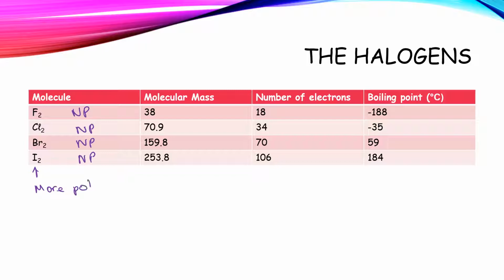What that means is it becomes easier to induce a temporary dipole. And that's because the nucleus doesn't have as strong a hold as they get larger. Now, because it's easier to induce temporary dipoles, what you can see happening here is the boiling point goes up.